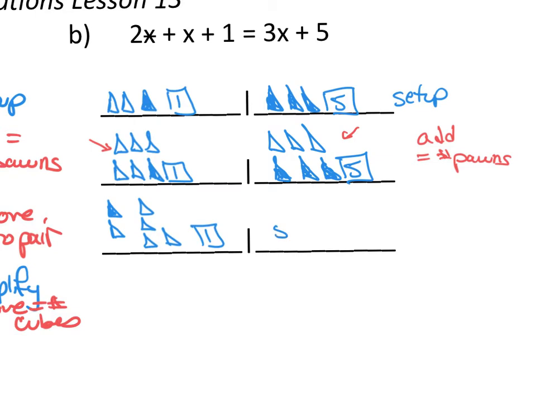And on the right side, I'm going to have this. Let me just verify I have everything I need. 3 blue, 3 white. Over here, 5 white, 1, 2, 3, 4, 5 white and a blue. Wanted to make sure my left side was still good. And so now what I'm going to do is remove 0 pairs.